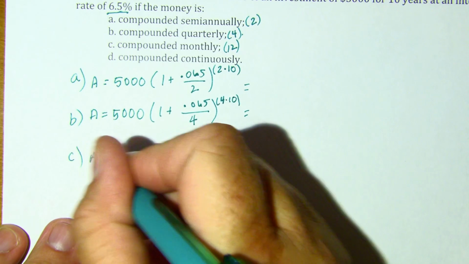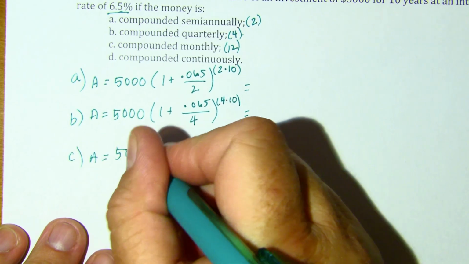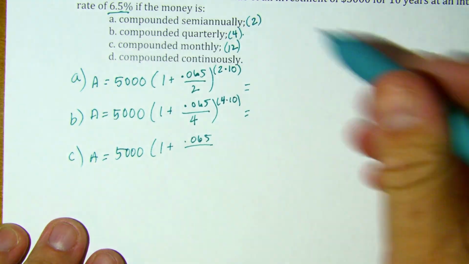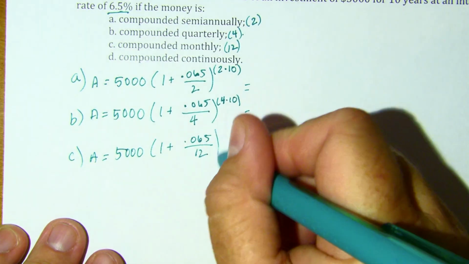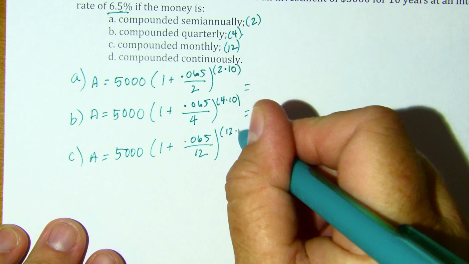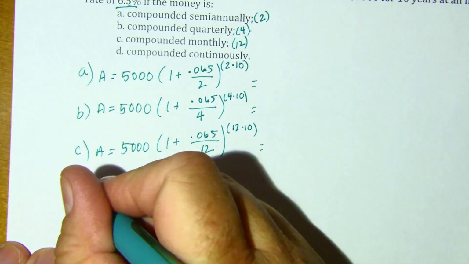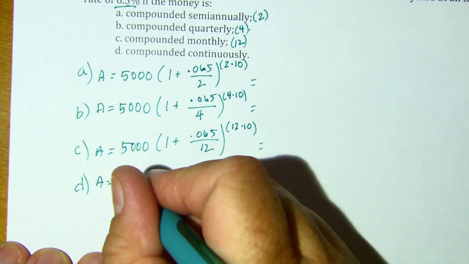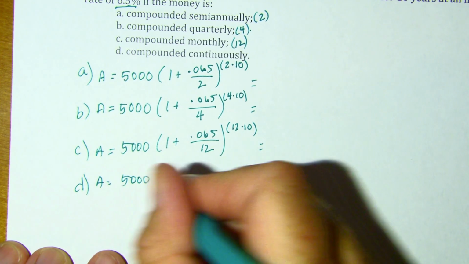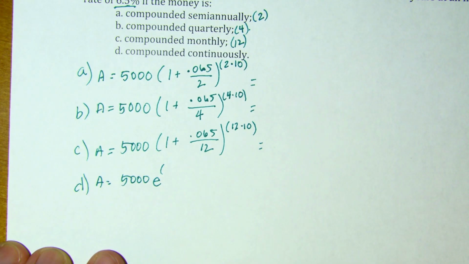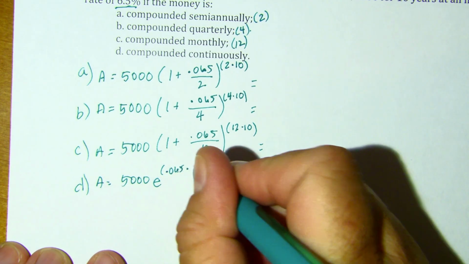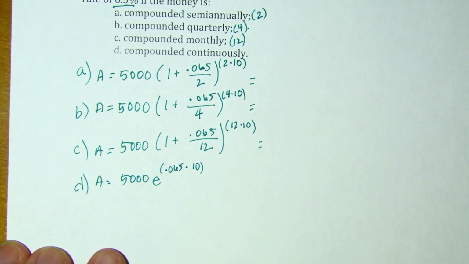C will be our principal, 1 plus 0.065 over, and now 12 times a year, and then 12 times 10 here. And then D is where we have that different formula, the accumulated value, our principal, and then e to the power of our interest rate, 0.065 times the number of years it's in the account.